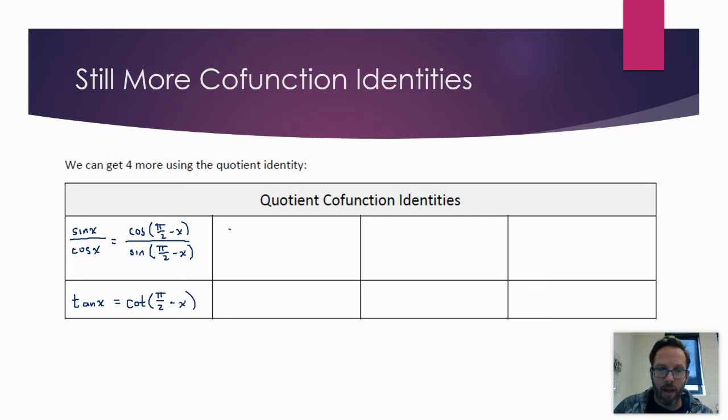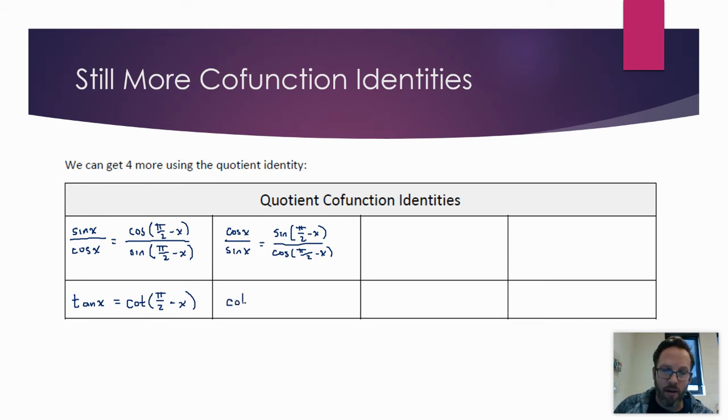So in a similar manner, we can do cosine x over sine x. This is equal to the sine of pi over 2 minus x over the cosine of pi over 2 minus x. And we get a similar identity relating cotangent and tangent.